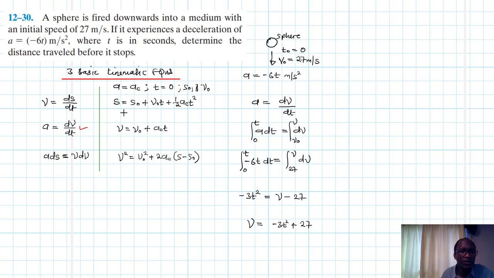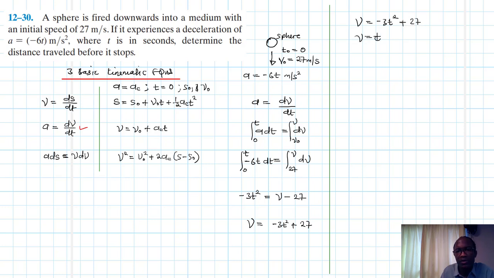Since we are supposed to determine the distance traveled before it stops, let's find the value of t when velocity is equal to 0. That is the value we will use later to determine the distance. We have velocity equal to minus 3t squared plus 27.